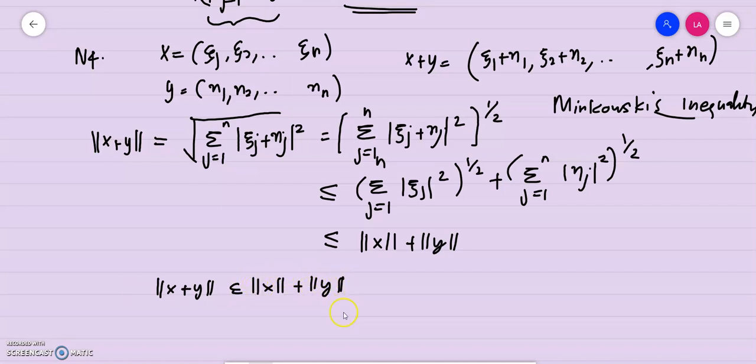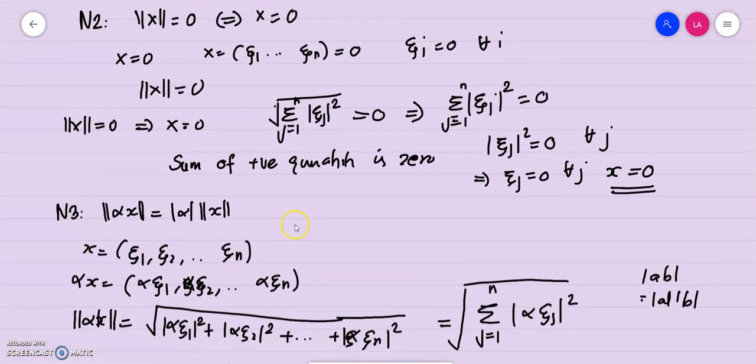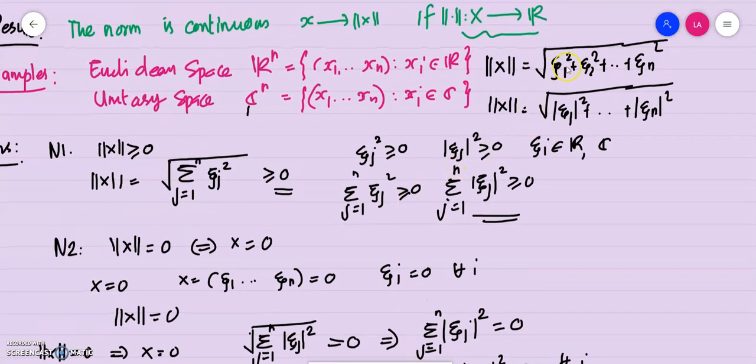So we have proved all four properties. Then we have enough to establish that our space Rn or Cn under this norm is a normed space. You can substitute modulus of theta j square as well, which is the same in the real case, because modulus of x the whole square and x square are the same.